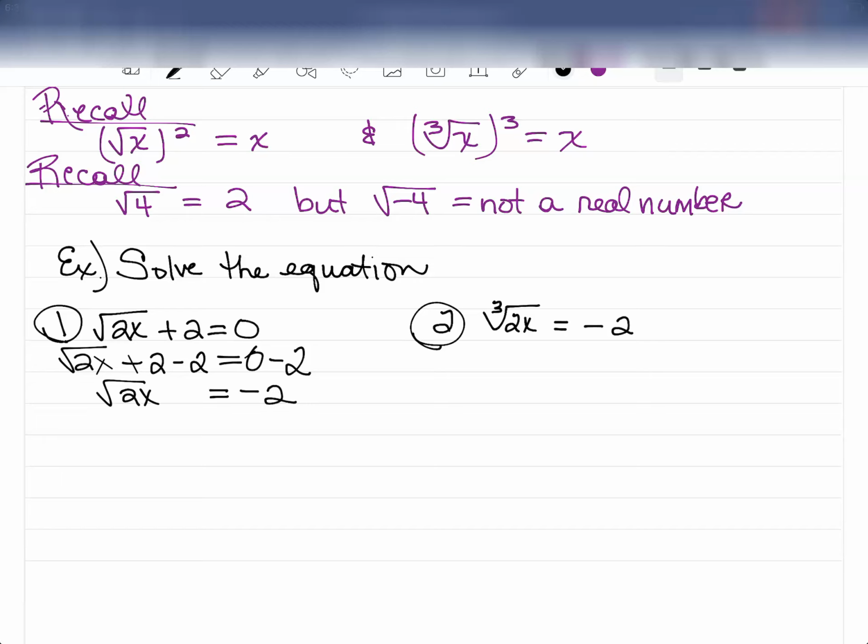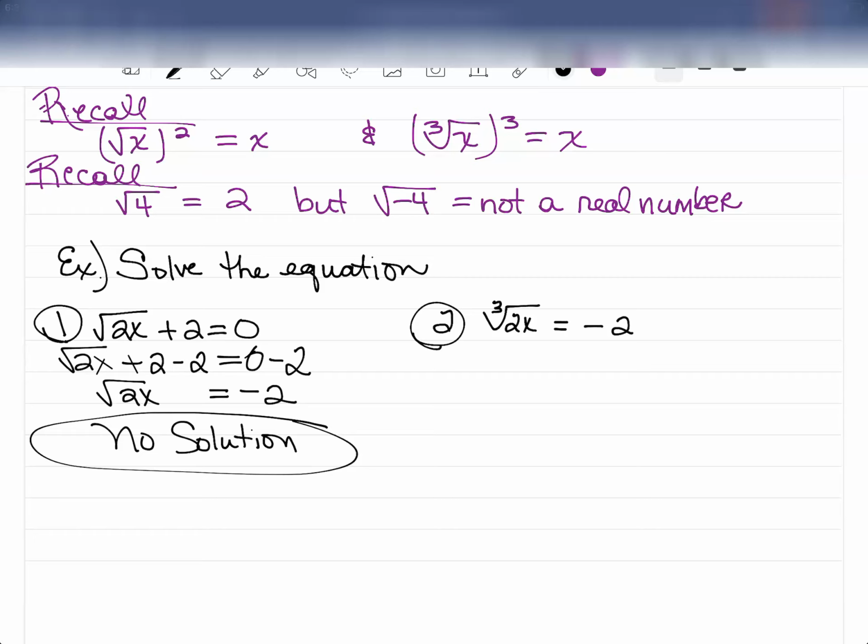Now right here, I already know I'm done. There's no way to take a square root and get a negative number. So right here, I know this is not possible. I'm going to say no solution. It's a square root. Even index, taking an even root will not give me a negative number unless there was already a negative in front of that square root or that fourth root or that sixth root, whatever even root it is.